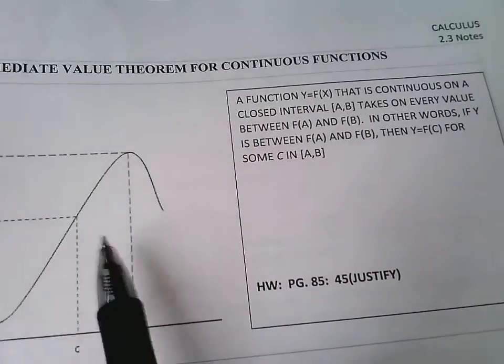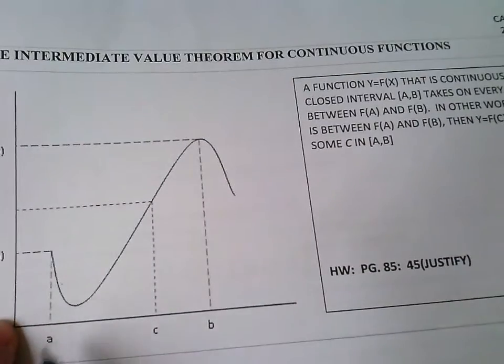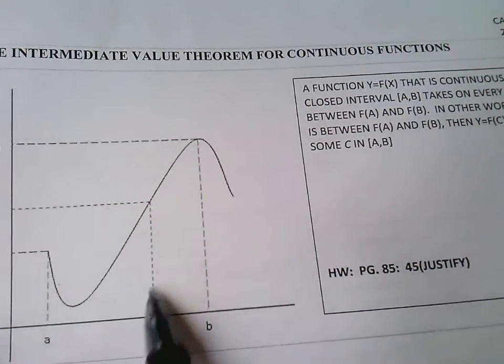So all the intermediate value theorem says is if you're on an interval from A to B, you're going to have some value C in the middle.